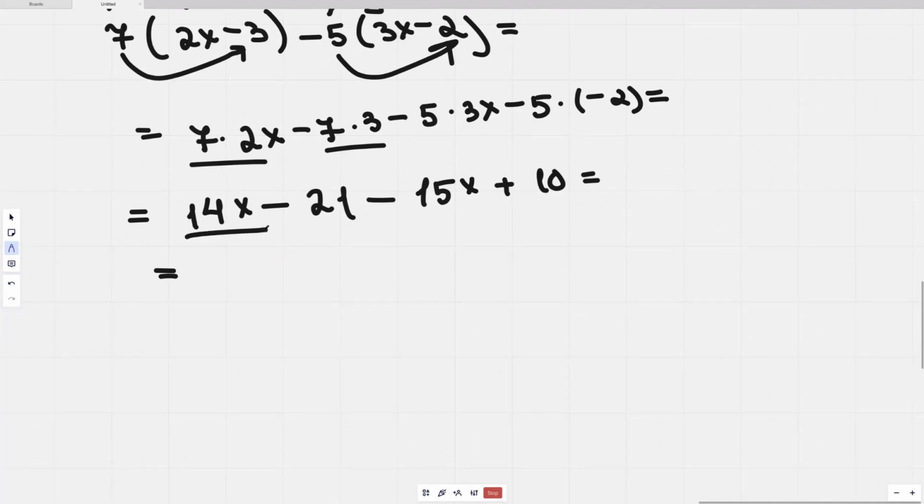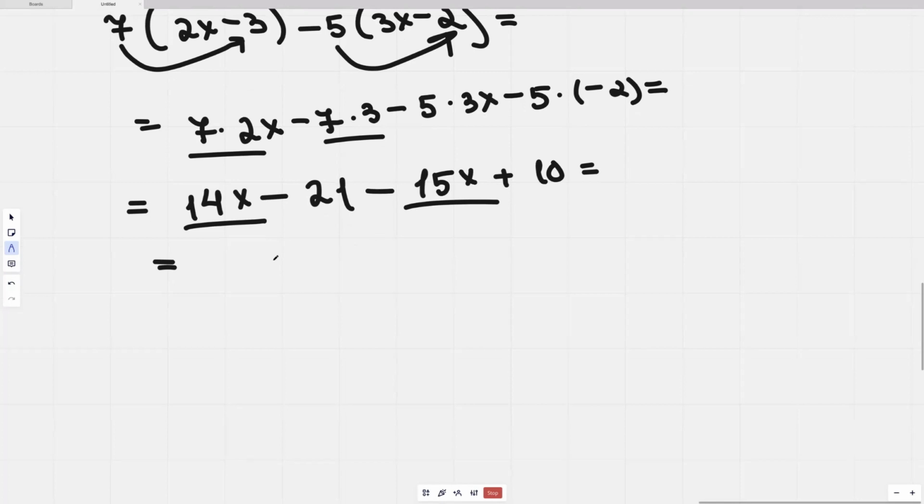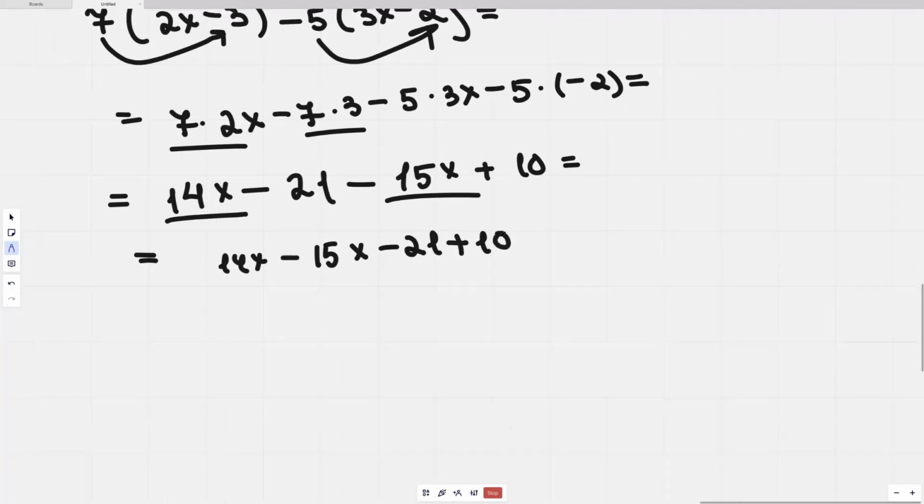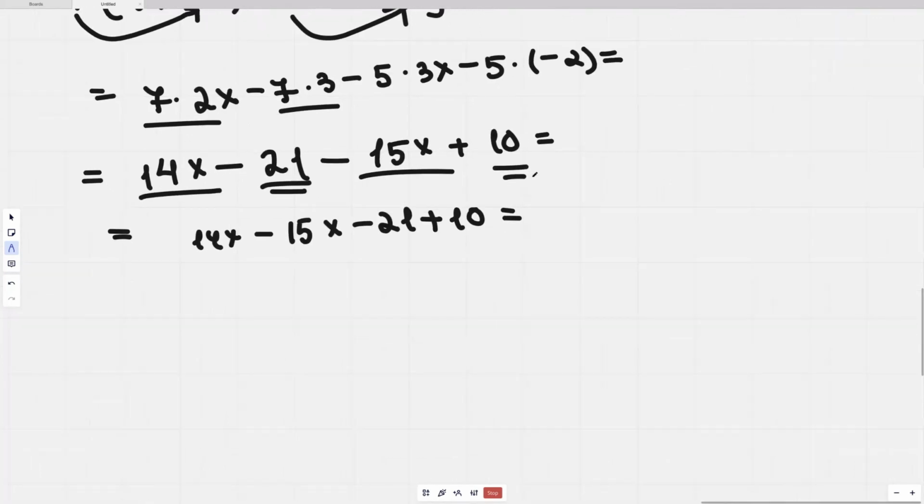The first like terms are 14x and minus 15x, because they consist of x's. We write them next to each other: 14x minus 15x, minus 21, and plus 10. 21 and 10 are also like terms, they are constants, so they should be subtracted or summed.